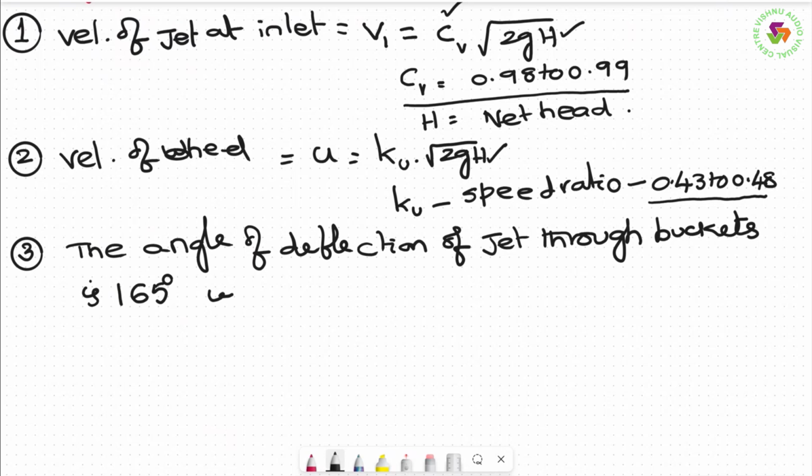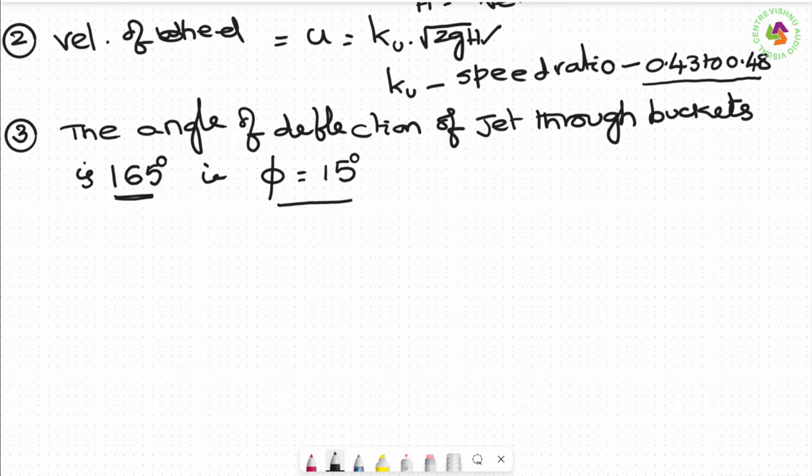That means phi is equal to 15 degrees. Kindly remember this. Instead of 180, where we get 100% efficiency, here the angle of deflection is maintained as 165 degrees, and phi is equal to 15 degrees. In the semicircular vane it will be 0. Now we are maintaining 15 degrees here. This is the third point.